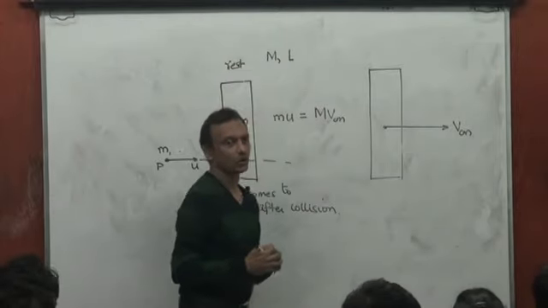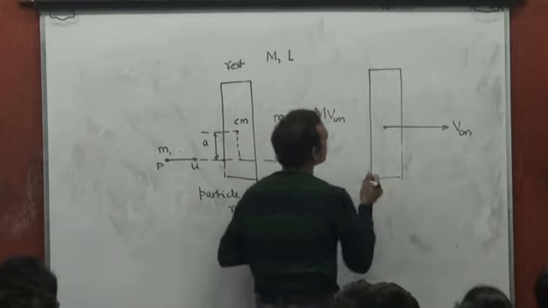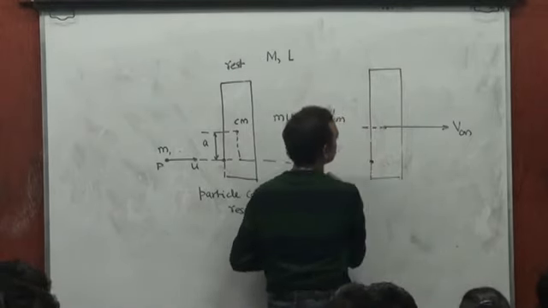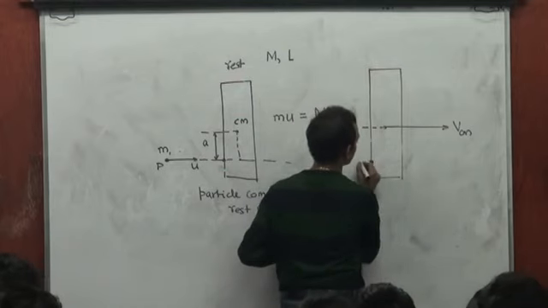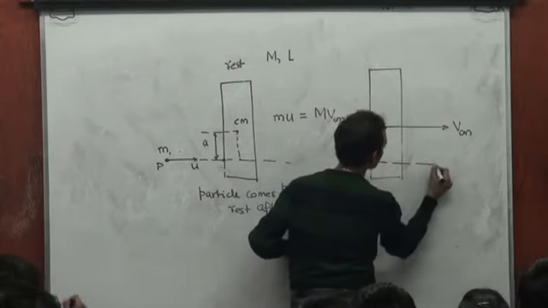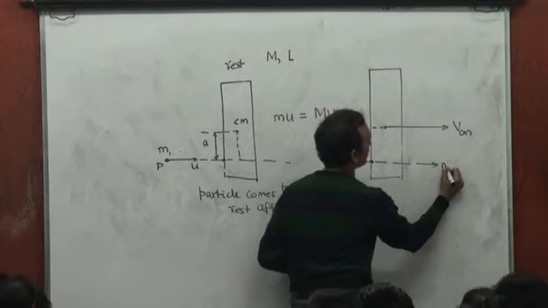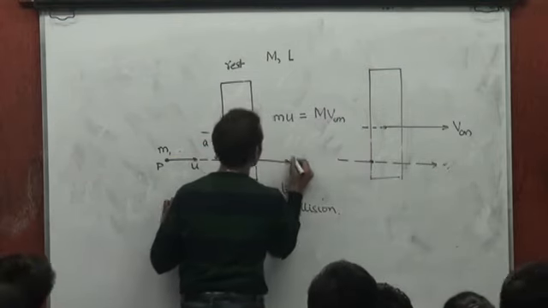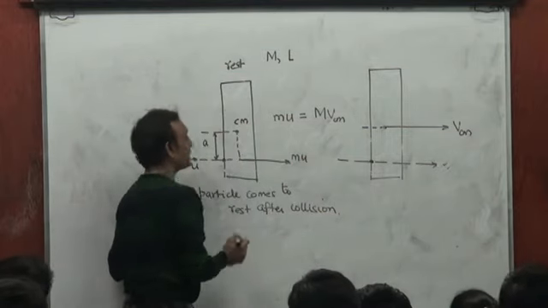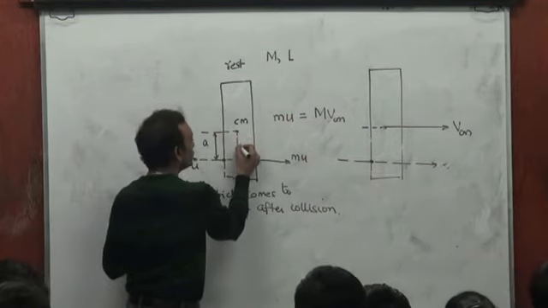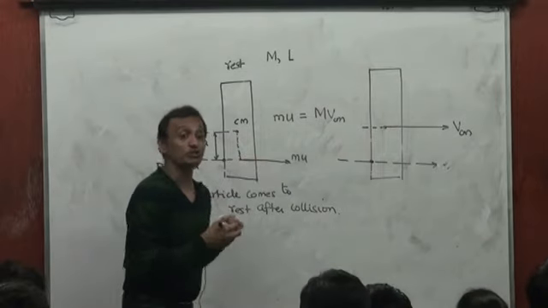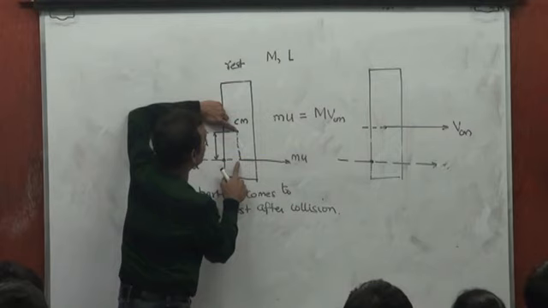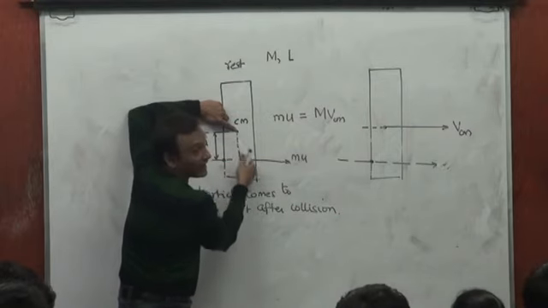Not only that, this was the line of action of the particle. The particle had a velocity mu like this when it hit the rod, right? Now, about the center of mass of the rod, the particle had a moment of momentum mu into a.